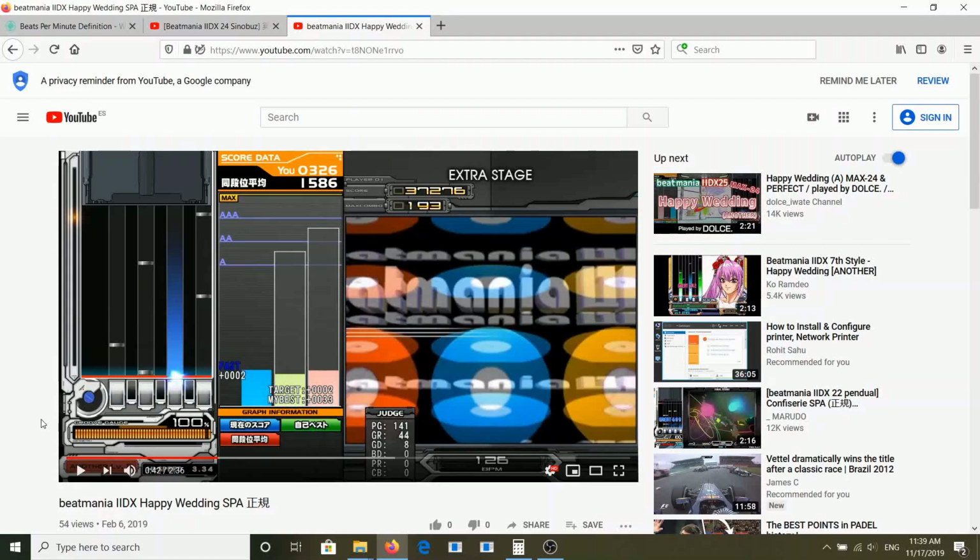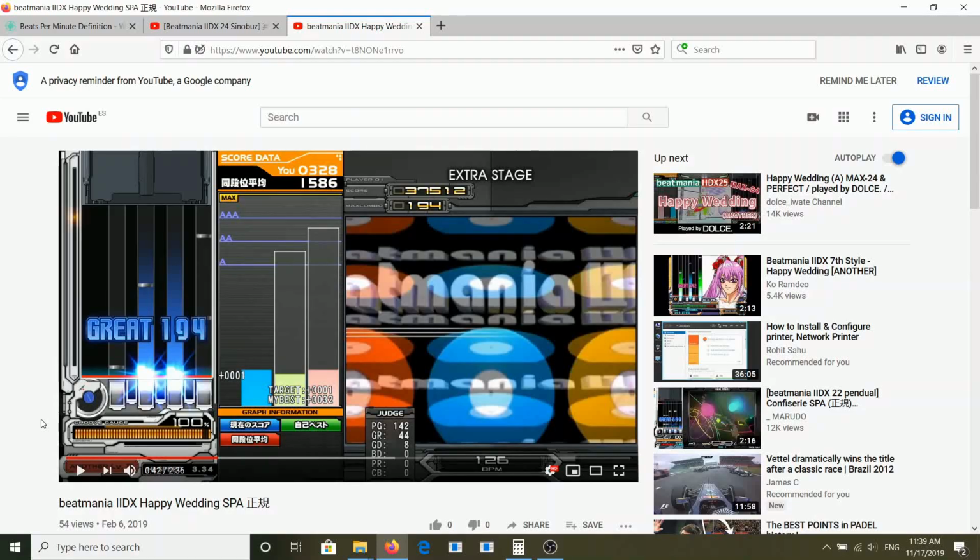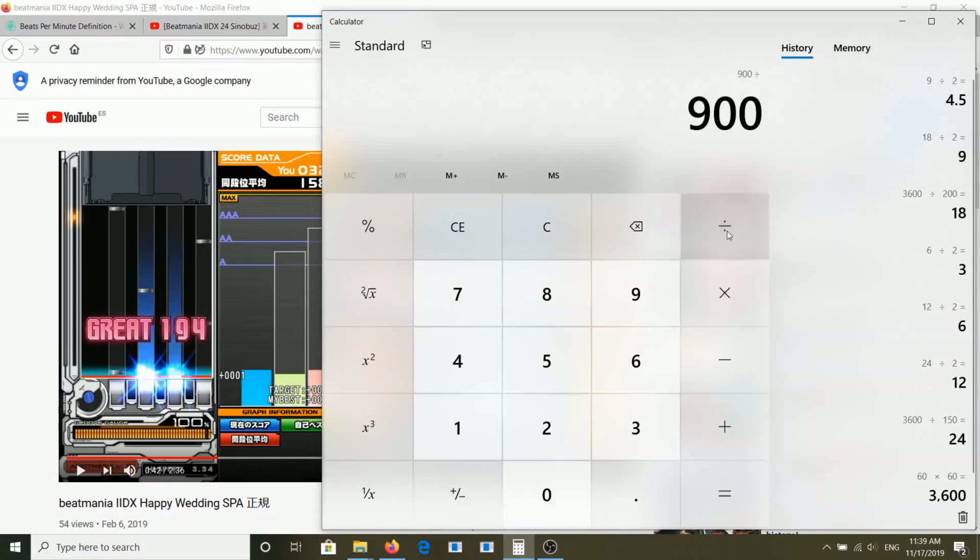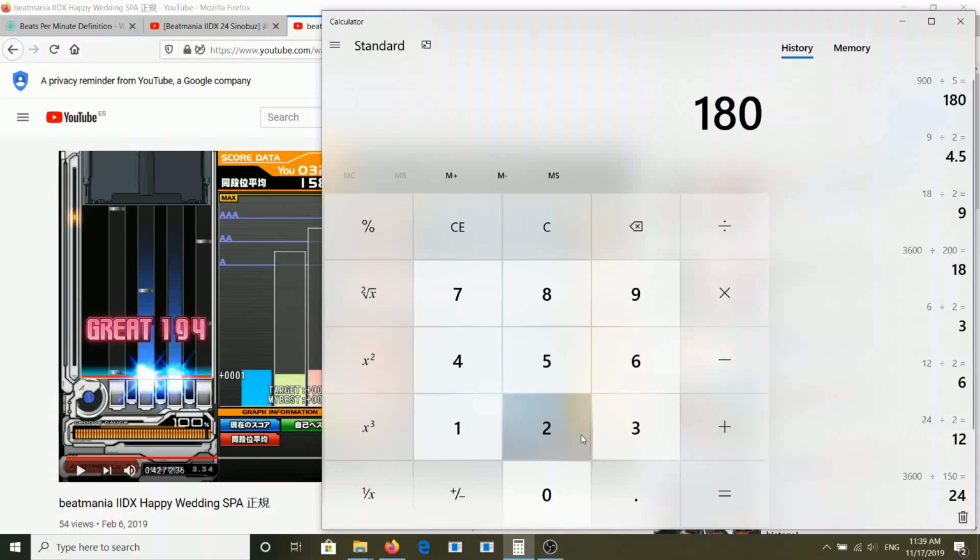So let's look at these next two notes, right? So we're looking at key 3 and key 1. 1, 2, 3, 4, 5. And let's look at how fast that is. So 900 divided by 5, that's 180 BPM. So those two notes were the equivalent of 180 BPM 16ths.